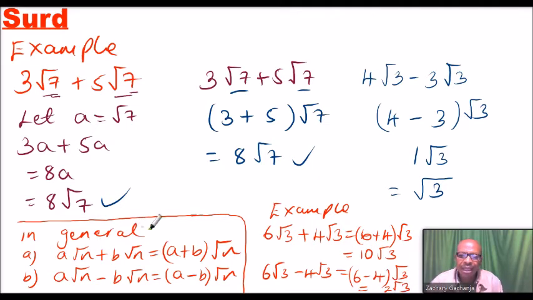So you can see that is what we apply. When you are working, you don't need to do this. This was just to show you how we are able to add and subtract surds. From there, we look at multiplication and division of surds.